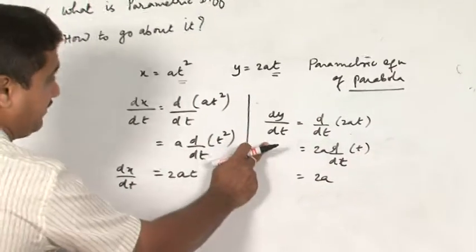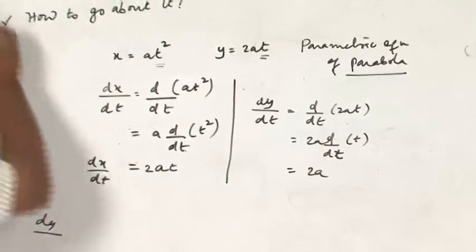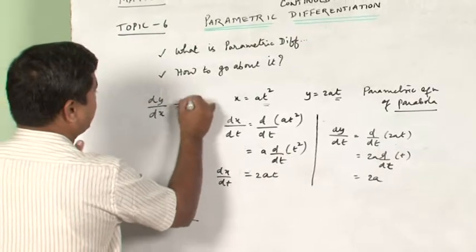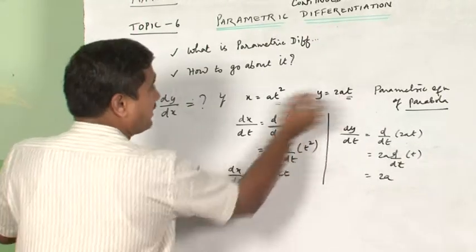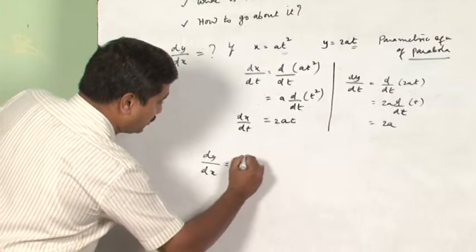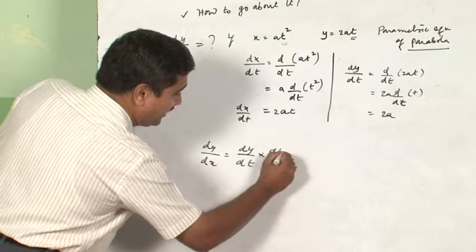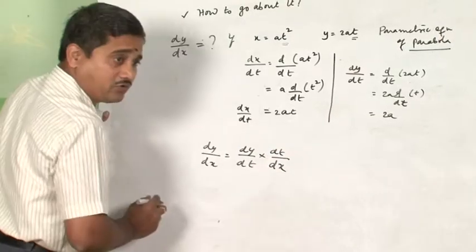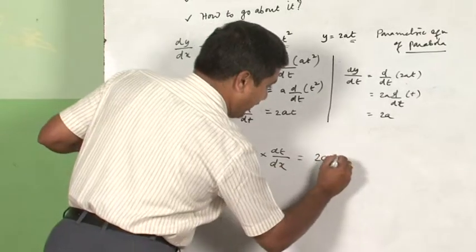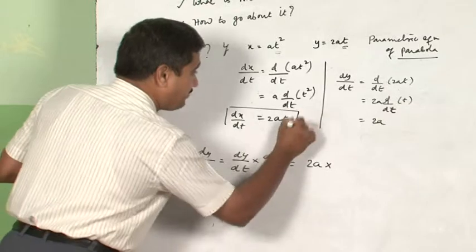Now, I have got dy by dt and dx by dt. But according to the problem, I am supposed to find what dy by dx is if these are the parametric equations. So, how to go about this? dy by dx is equal to, I will deliberately write this, dy by dt into dt by dx. This is exactly what you are going to have. dy by dt is already obtained by you, that is 2a. Now, dt by dx is the reciprocal of the equation that you have got here.